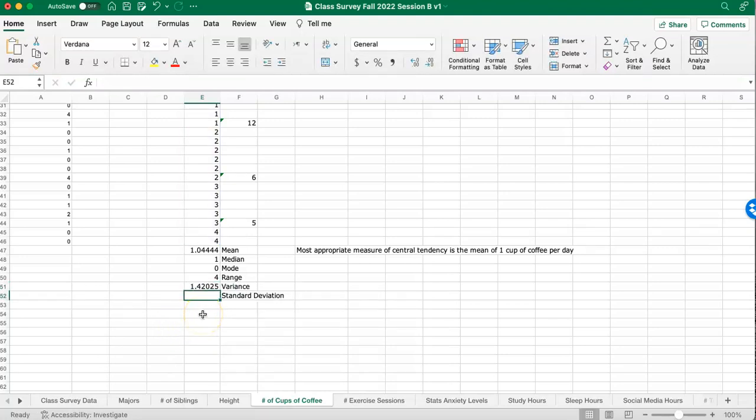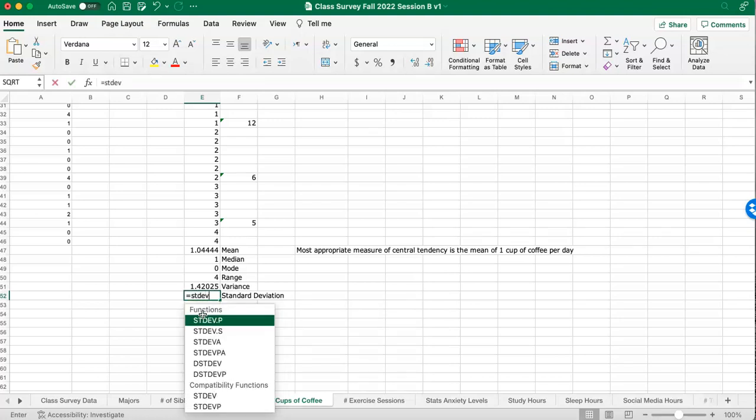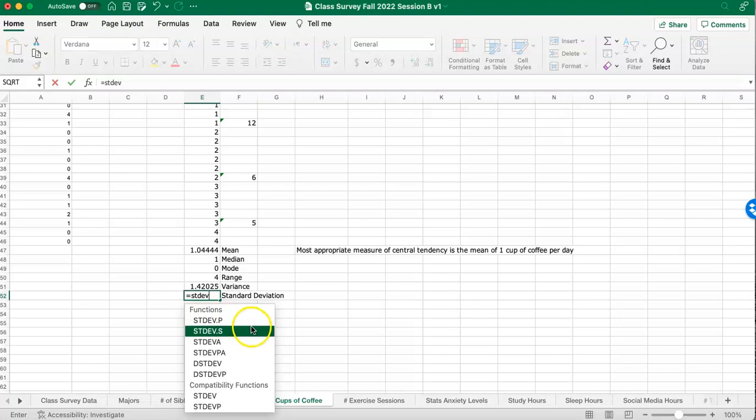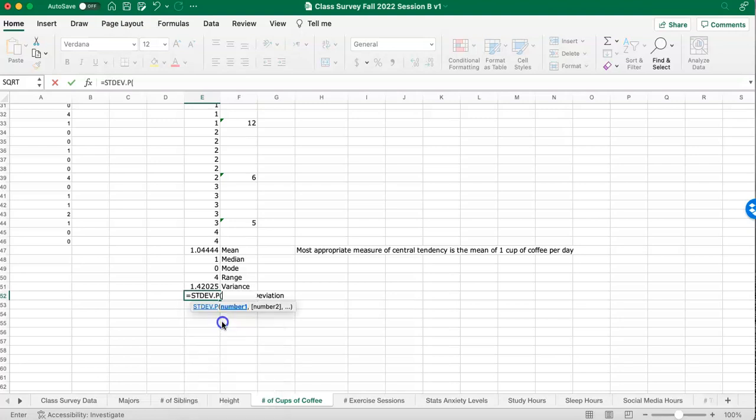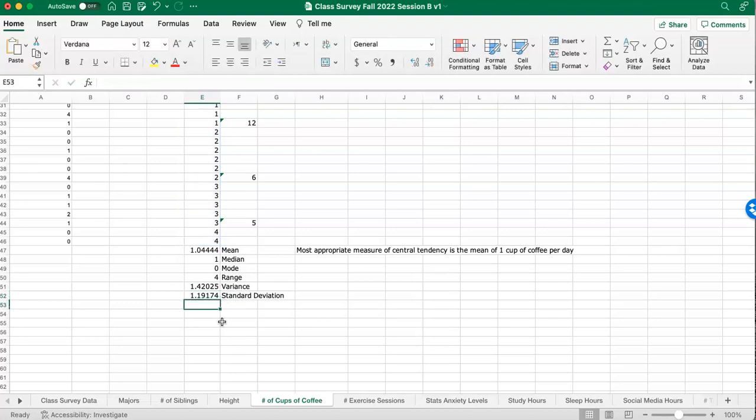Our variance is 1.42. Then our standard deviation, standard dev, also population. We put that in, E2 colon E46, and close the parentheses every time. So it's 1.2.